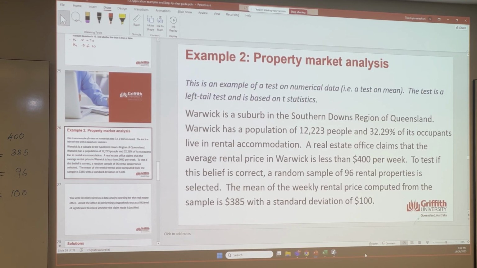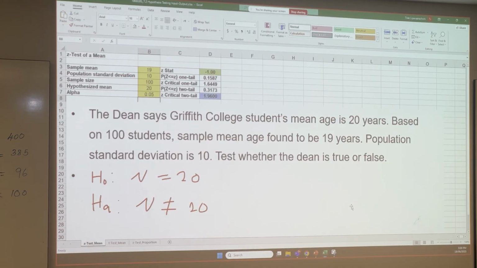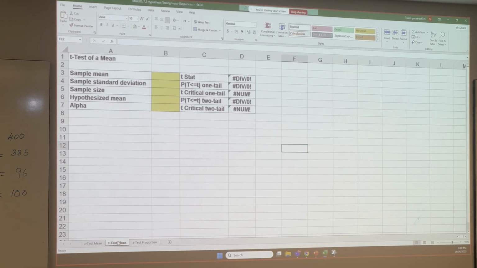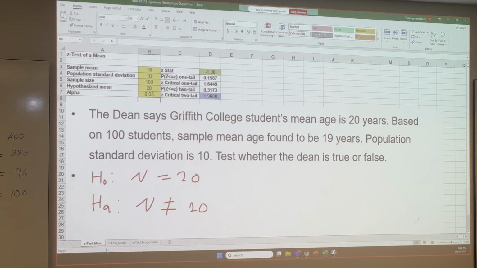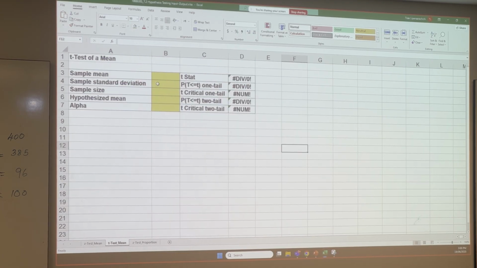So what formula are you going to use here? You are going to use the t-test. You can't use the z formula because you don't know the population standard deviation. Use the t formula.